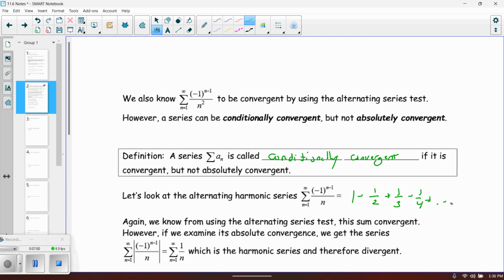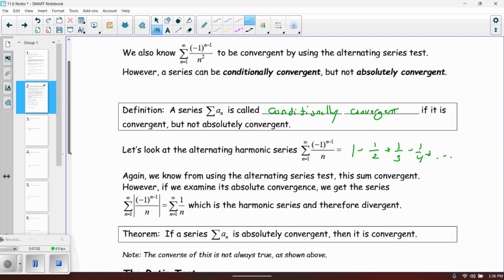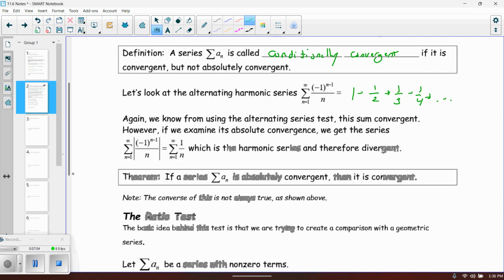However, if you were to take the absolute value of just the terms, then you would get the sum of 1 over n, because that (-1)^(n-1) would just become a 1 all the time. Well, the sum of 1 over n is the harmonic series, and we already know that that one is divergent. Harmonic series, also the p series where p equals 1, it's the same thing. So that would be a divergent series if you took the absolute value of the terms.